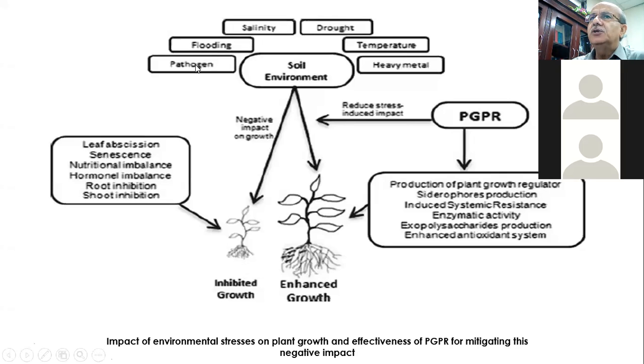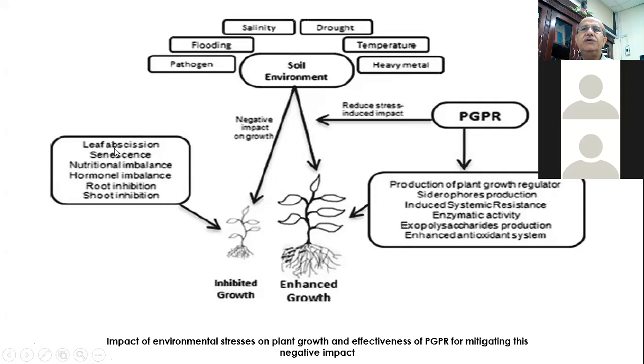There may be some pathogen present in the soil environment. There may be flooding. There may be salinity, drought, temperature, or heavy metals. So these may be the stresses, and these stresses may have a negative impact on plant growth. You can see the negative impact on plant growth and how that negative impact takes place. It is in the form of leaf abscission.